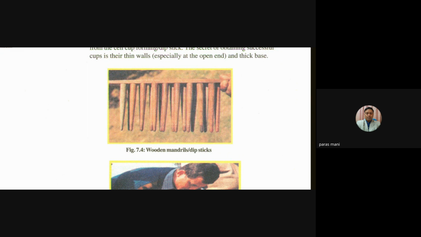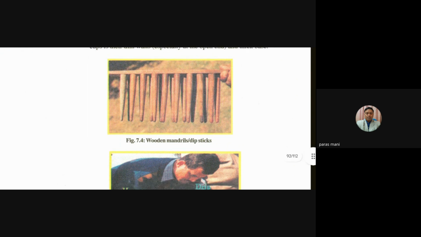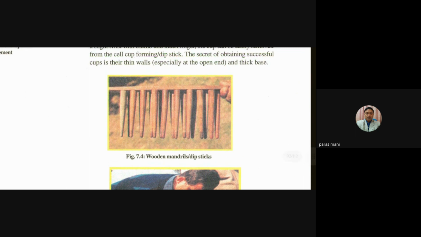Such a stick is first dipped into the wax, removed, and allowed to dry for a few seconds. Then again it is dipped and removed. Like that, we have to dip and dry it 3 or 4 times. After that, the queen cup will be formed.